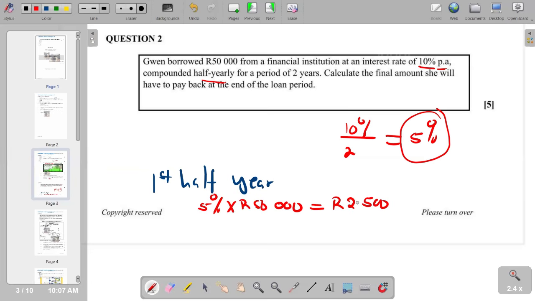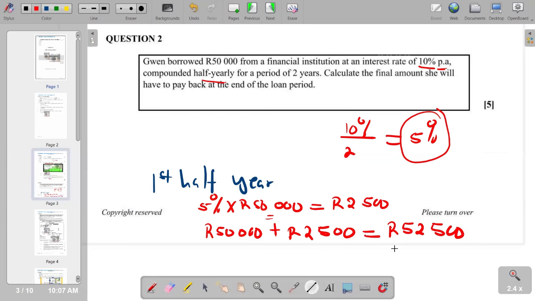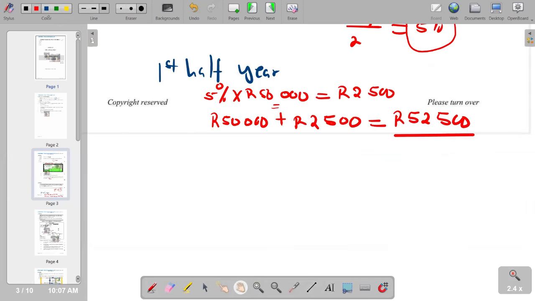Of course, you have to add the 2,500 to the principal amount of 50,000 to get the final amount after the first half year. So 50,000 plus 2,500 gives 52,500. Basically, this is for the first year. So we go to the second year.